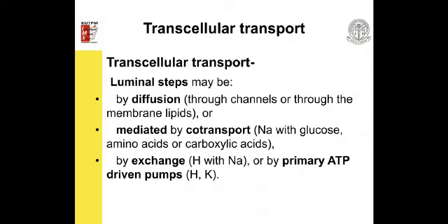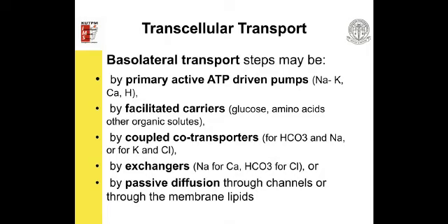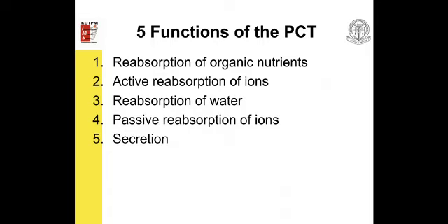The transcellular route at the luminal side involves diffusion mediated by co-transport or by exchange, or by primary ATP driven pumps like the hydrogen potassium or the sodium potassium ATPase. Transcellular pathways at the basolateral side are by facilitated carriers, co-transport or exchanges, and passive diffusion.